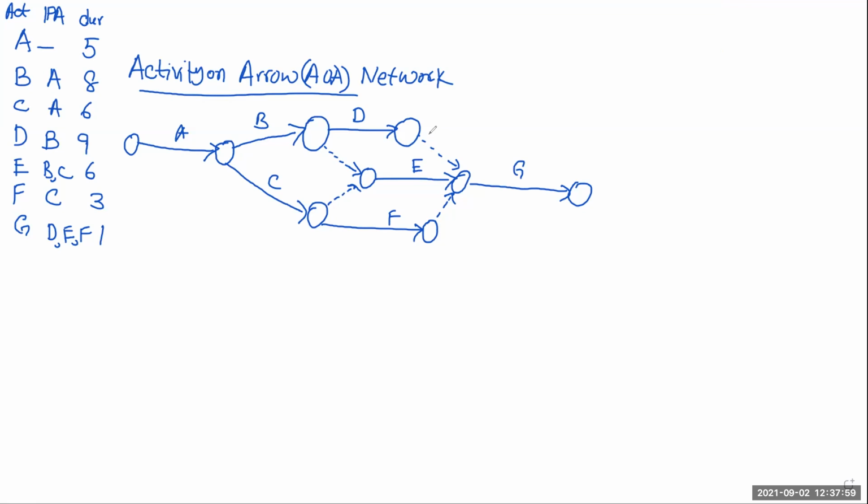Couldn't we just draw the activity D and F till the starting event of G? Yes, that's correct. So what we can do over here is, let me correct it. Because you will not draw it in the correct way the first time.